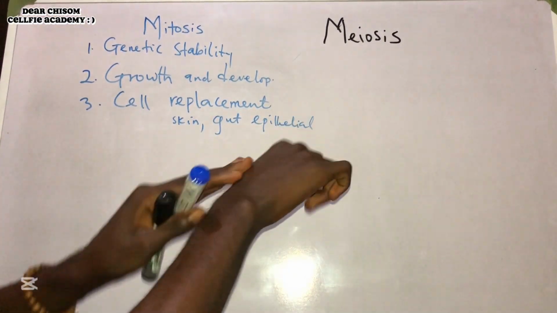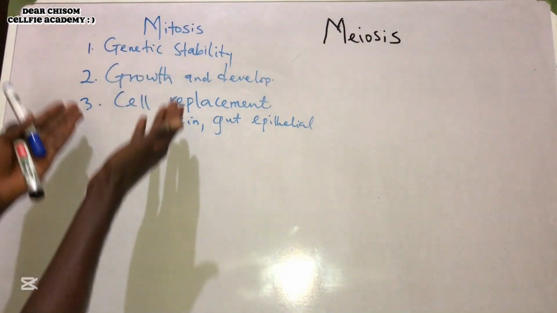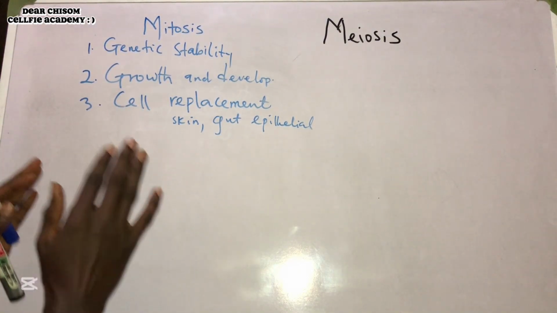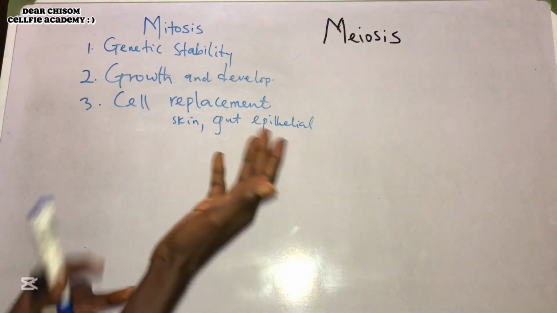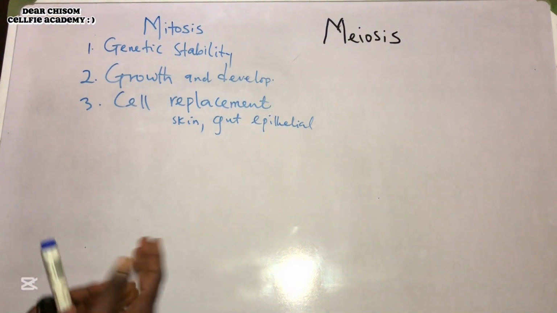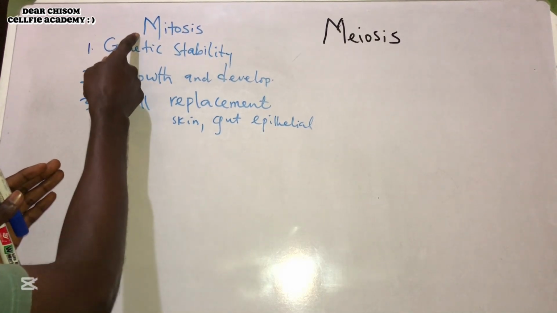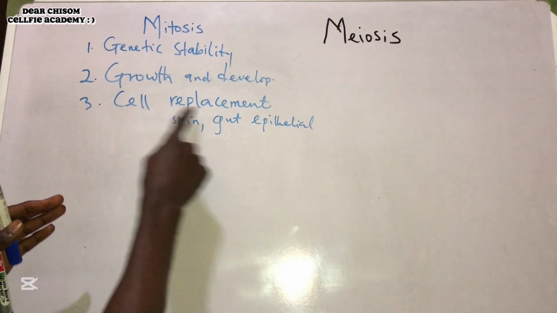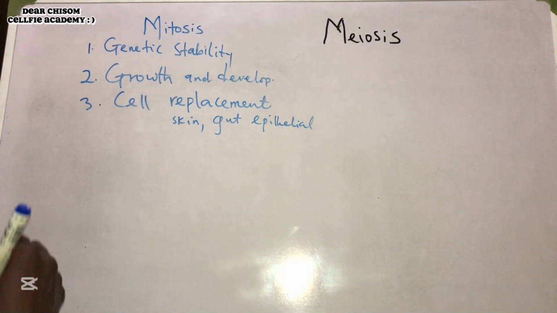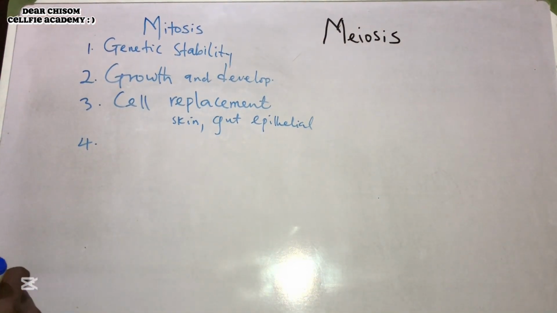Sometimes the cells of the skin get replaced, either damaged cells or dying cells. When these cells are replaced, mitosis is responsible. It's a type of cell division that gives rise to replacement of worn out, dead or even damaged cells.